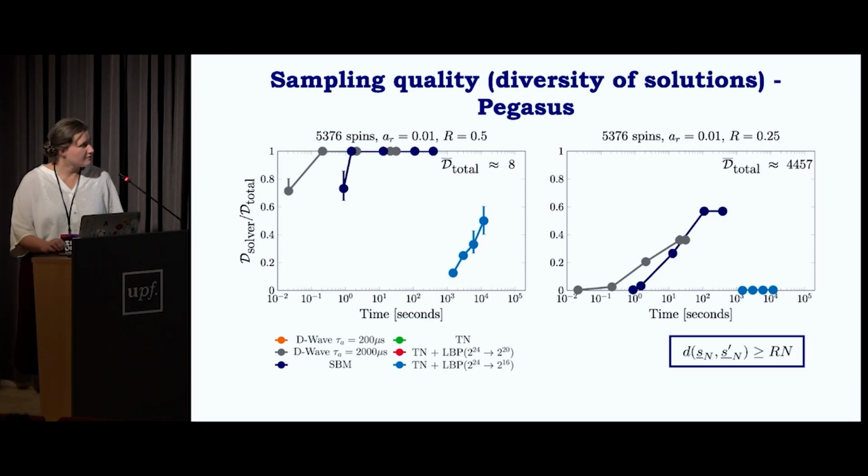So here, for this r equal 1/4, we relax the criterion for diverse states. So this quantitative advantage translates to more diverse states found by D-Wave and SBM than tensor network.